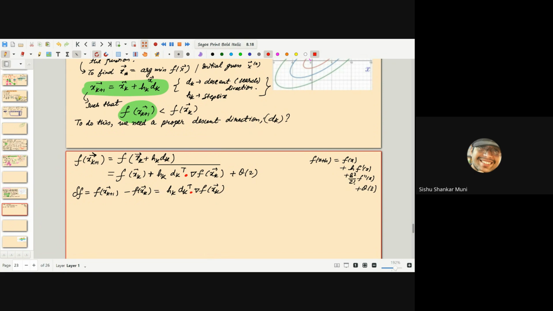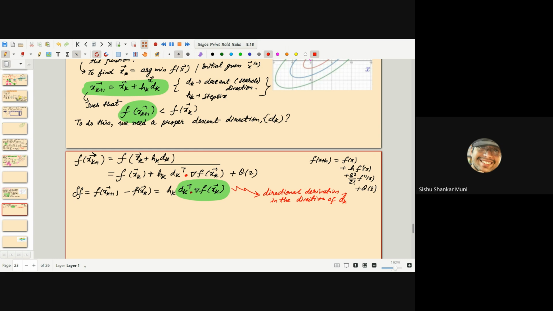And actually, this is something very nice. This part here, which you are seeing right now, is known as the directional derivative, in the direction of dk vector.